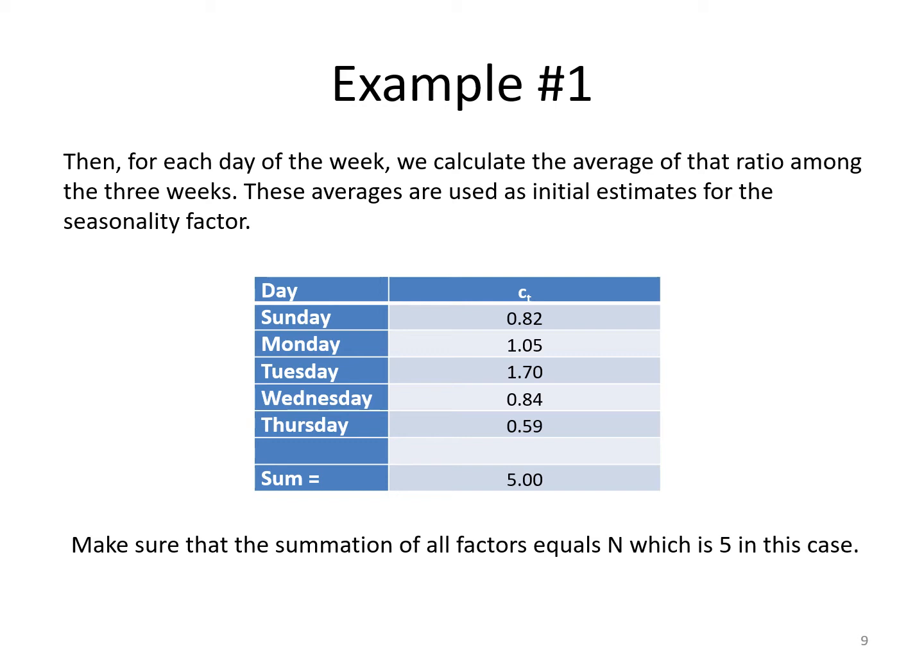So when we do that, we obtain the average ratio between the daily demand and the average overall demand. And this is the estimation for the seasonality factor for the given data.